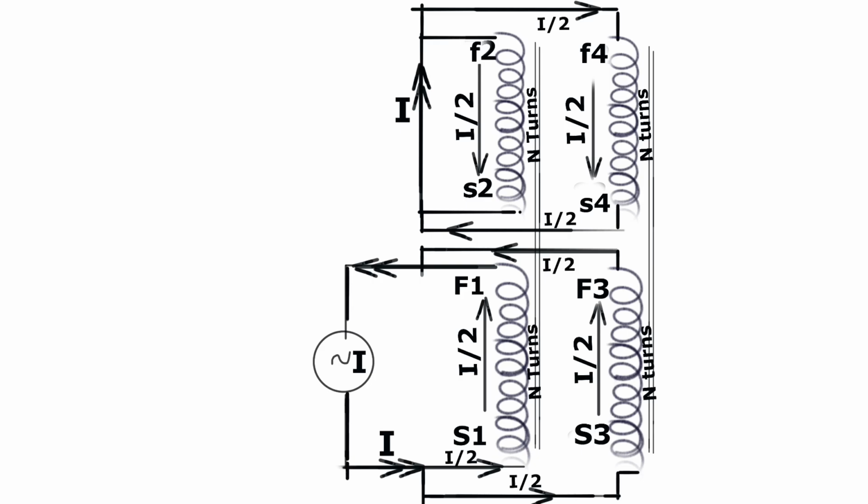And the same current, because the number of turns is the same, will be induced in coils 2 and 4. So all the windings will carry a current of I by 2 in this case.